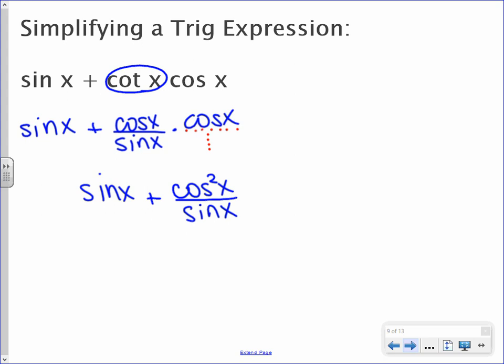Okay? Now I have 2 expressions that I need to add together. What needs to be true about 2 numbers that we add together? We need to have the same denominator. This guy has a denominator of sine of x, which means we need to make this term have a denominator of sine x.